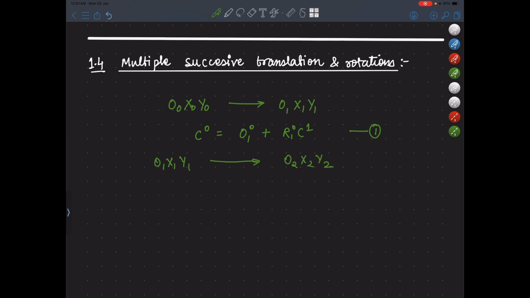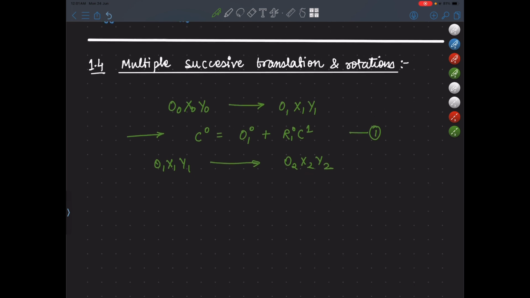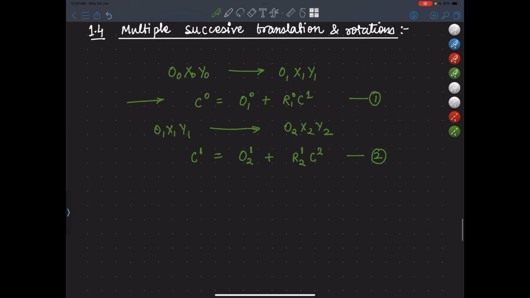I'm not drawing the diagram because we have a formula which represents all these transformations, so we don't even need to visualize them. So this can be written as C1 equals O21 plus R21, the rotation matrix of 2 with respect to 1, times the coordinates C2 in frame 2. So these are the two transformations.